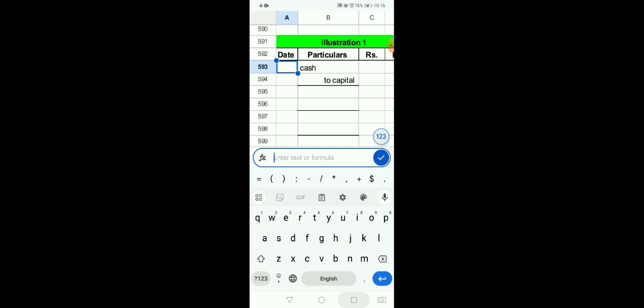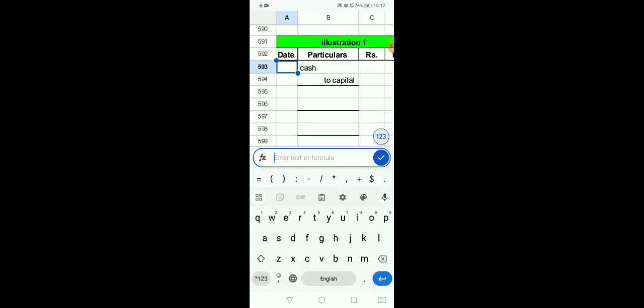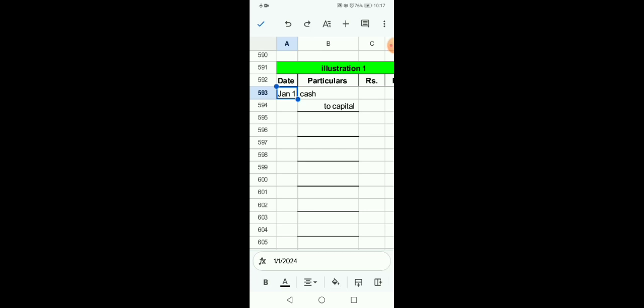This was for the first date, January 1. So now you need to write your date, January 1, in the date column. How much cash you have received is 1 lakh rupees.